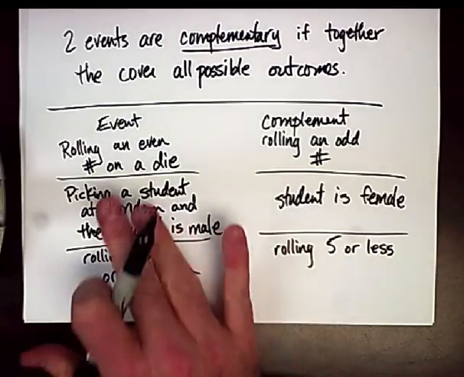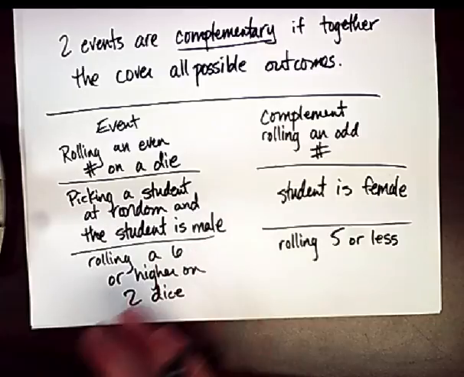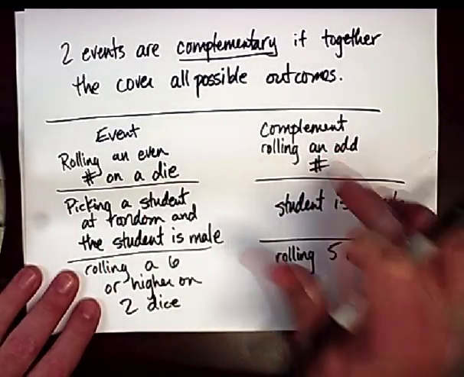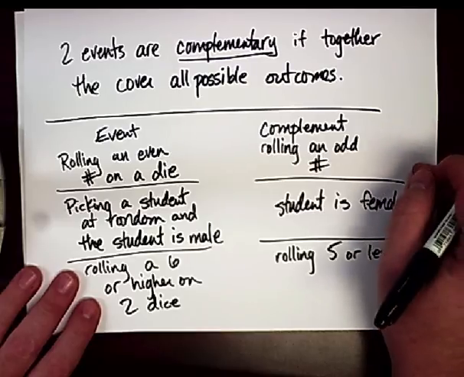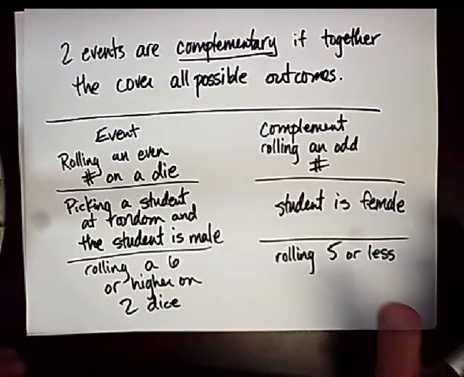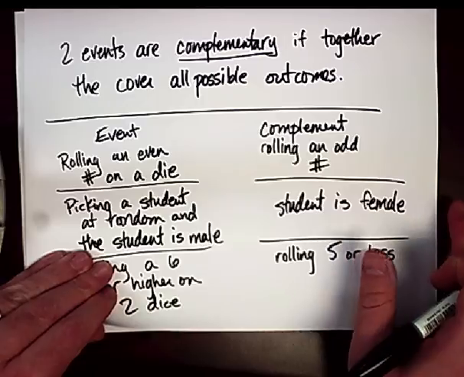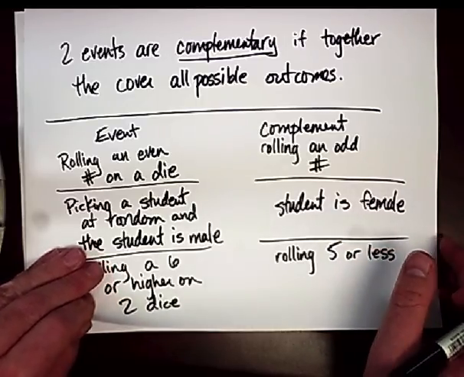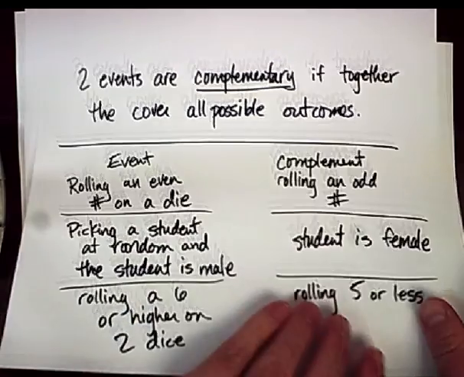Okay? So in each case, if you put those together, that's all the possible outcomes. And if you added the probability of this and the probability of this, you would have to get 1, because that includes everything, and the probability that everything could happen is 1, because you cover all the possible options. All right? Let's do another example.